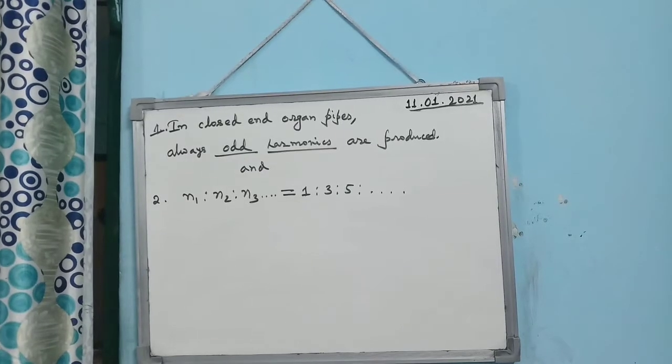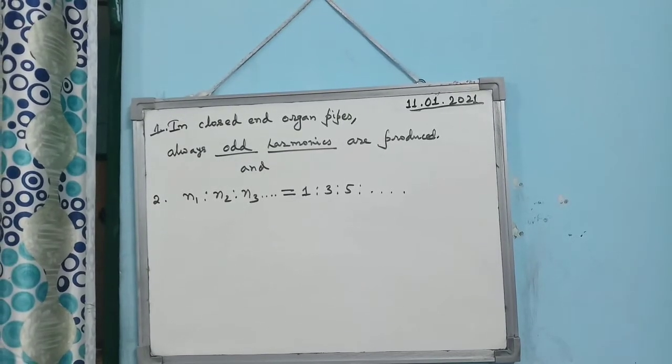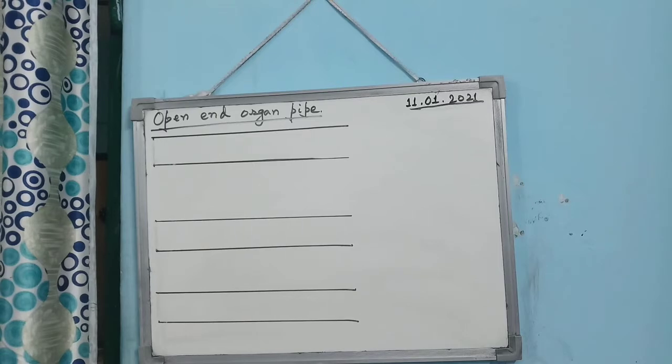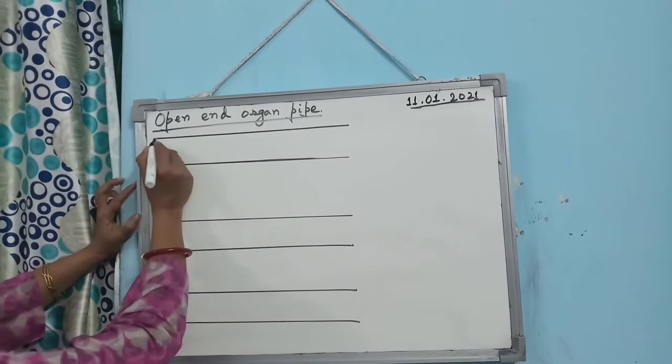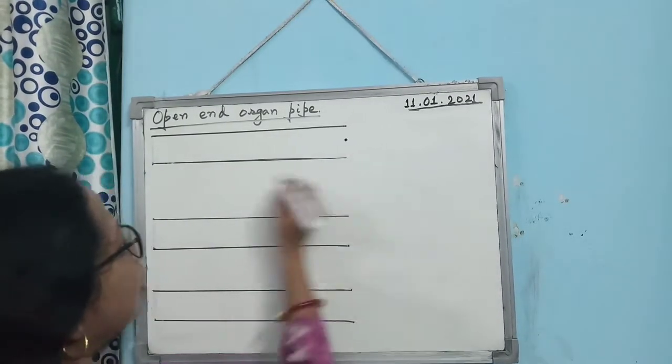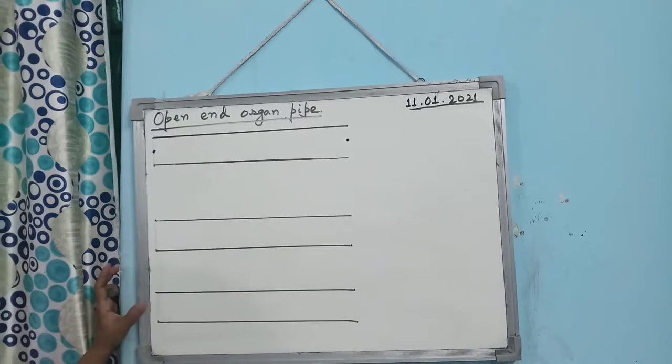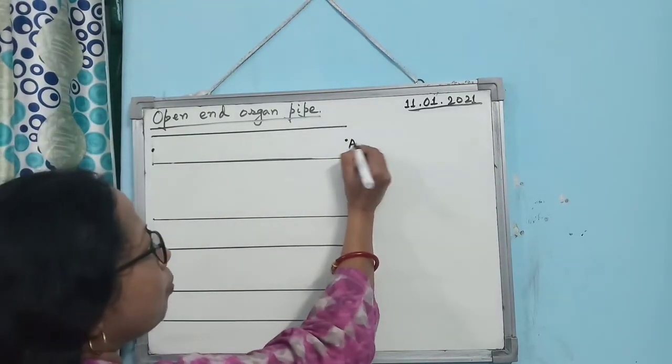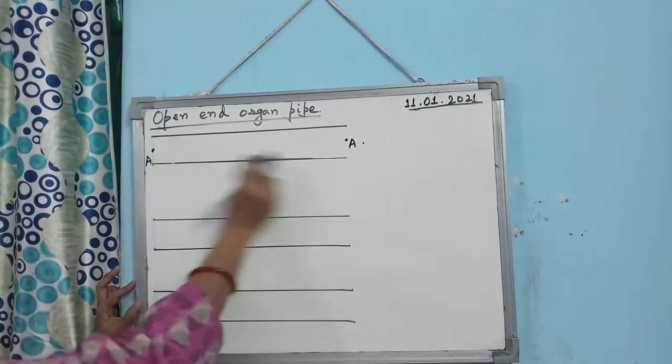Then next is the open end organ pipe: vibration of air column in open end organ pipes. An open end organ pipe means that both the ends are open. If you consider the concept of vibration of the particles of the medium, at the open end always an antinode will be produced.